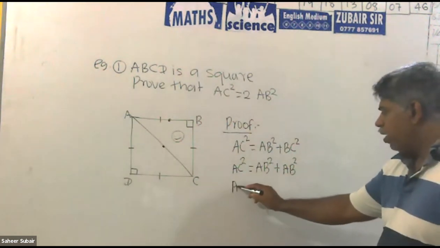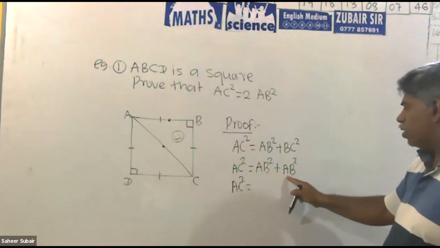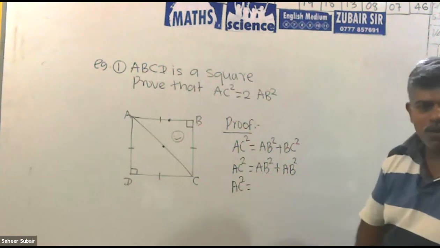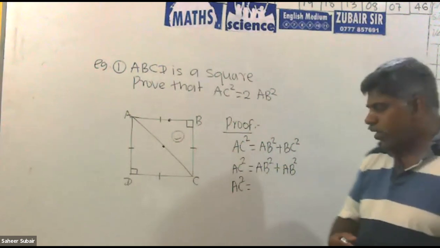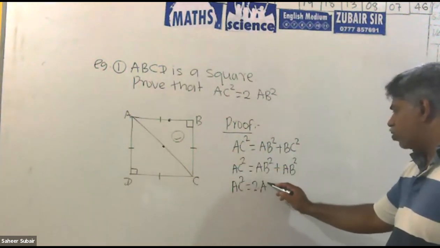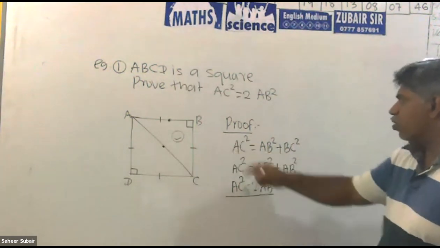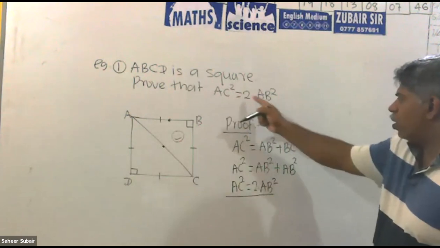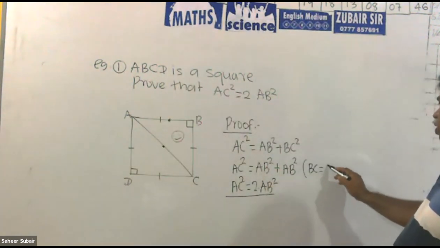Then see, AC squared is equal to AB squared plus AB squared. Like mango plus mango means two mangoes. Like that, AB squared plus AB squared means 2AB squared. This is the thing they are asking you to prove. So here we have to use BC equal to AB.